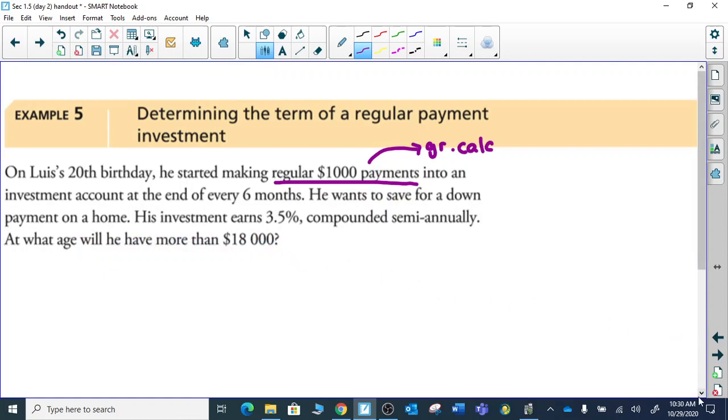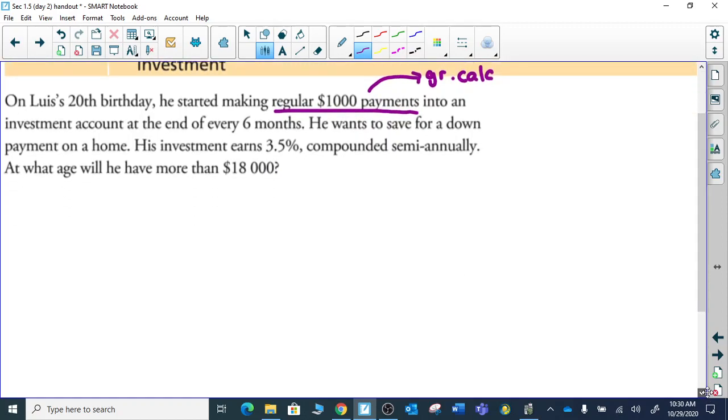So again, because it's a regular payment type of account, I'm going to write down my variables. Then we'll put in all the numbers we do know before we go to the calculator.